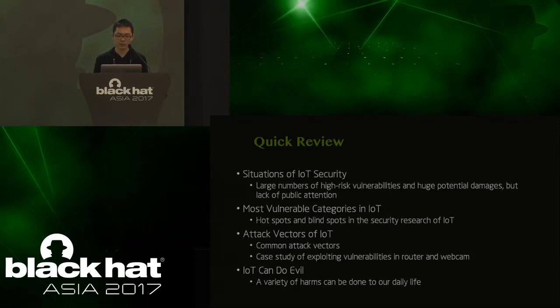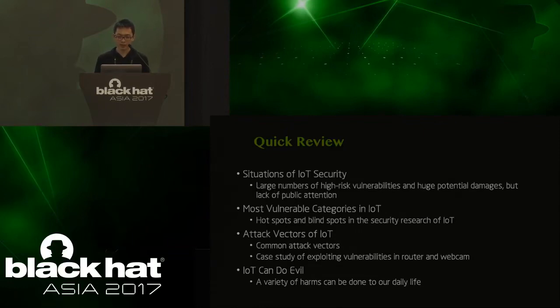Then we introduced some hotspots and blind spots in the security research of IoT. The most detailed part is attack vectors of IoT. We shared some common attack vectors in IoT and a detailed case study of routers and webcam.